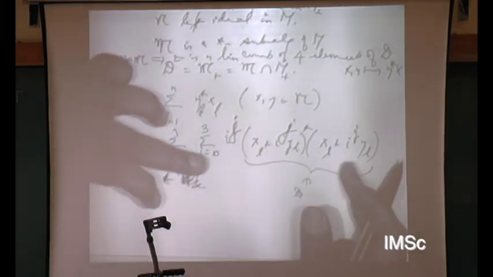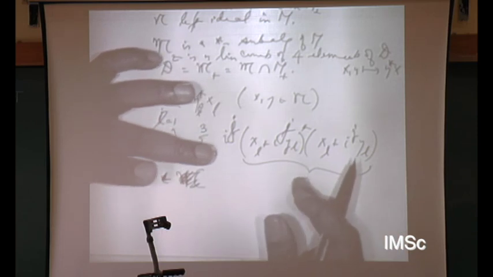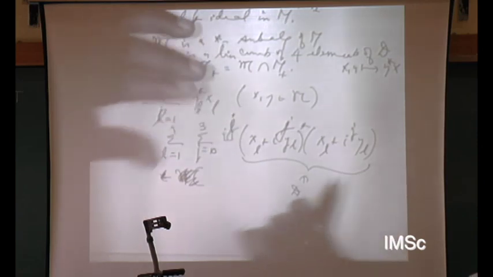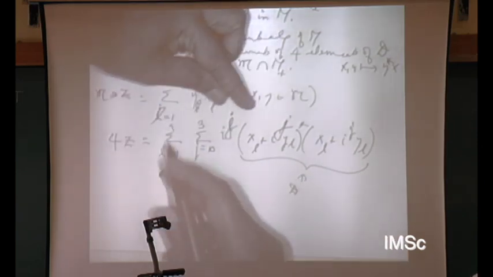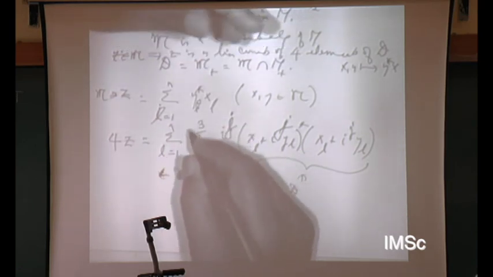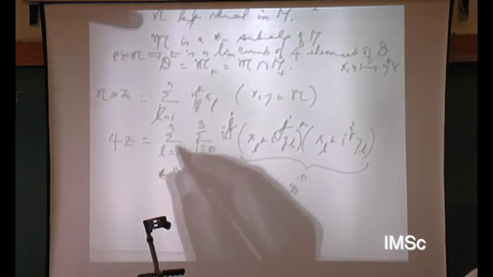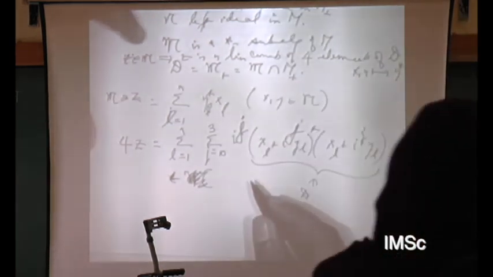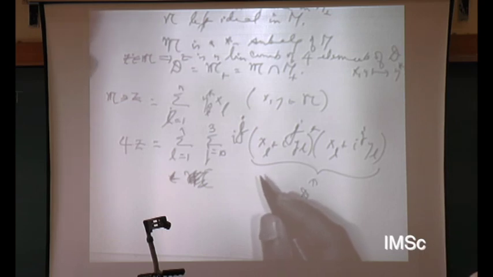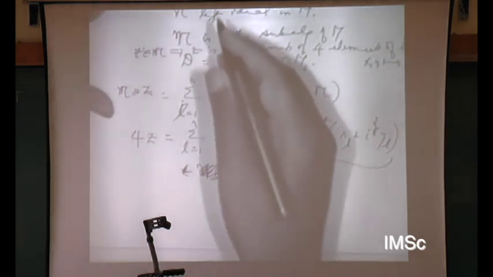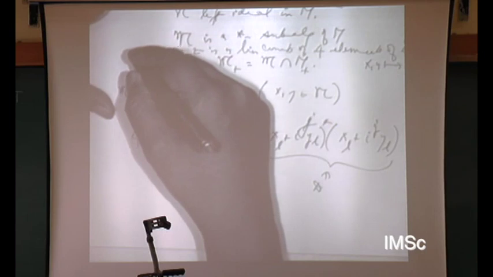And so this is positive by construction, a positive element with finite phi value. So if I now take the sum inside this, that will prove the statement about everything in M being a linear combination of 4 elements of D. Correct? So this proves this fact.